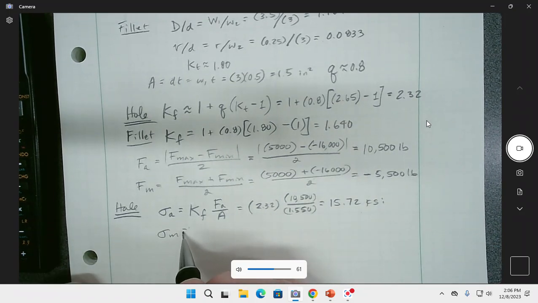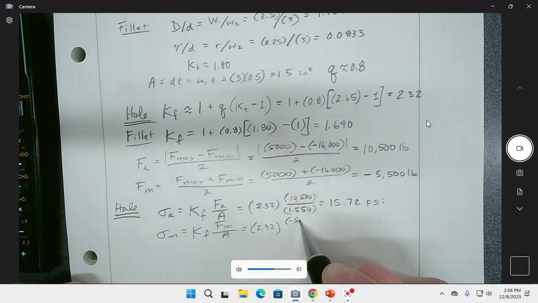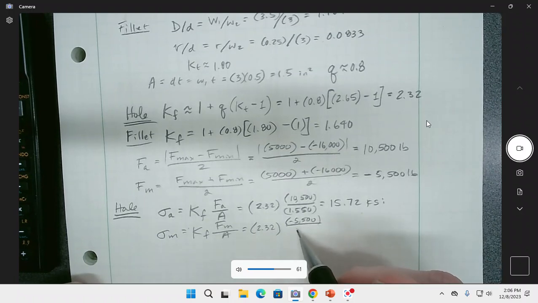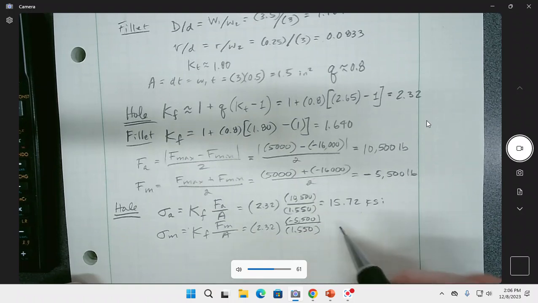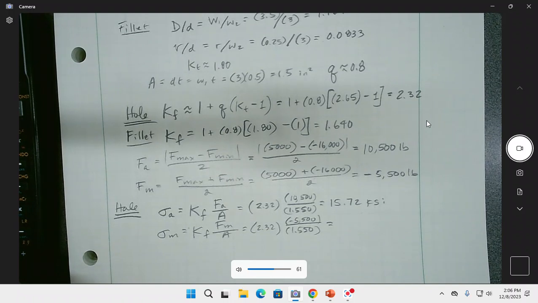The mid-range: 2.32 times negative 5,500 over 1.55. This one is sort of a pain, but that's right. We haven't dealt with the consequences of this yet.